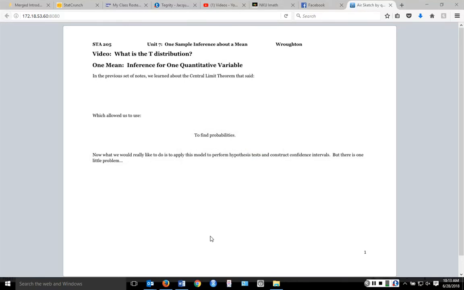In Module 6, we talked about the sampling distribution of a sample mean.